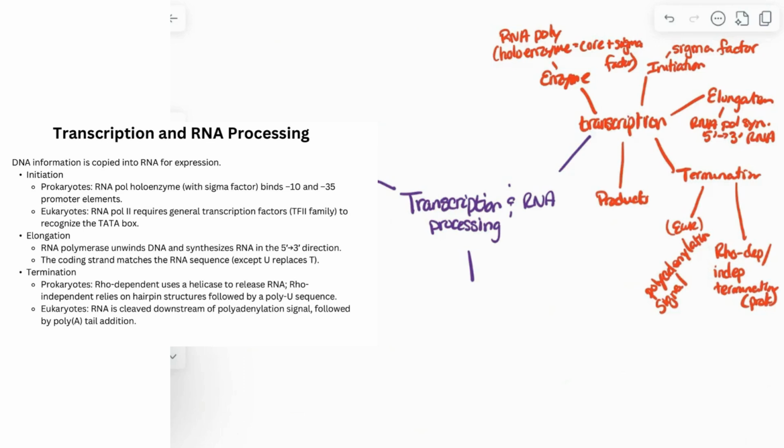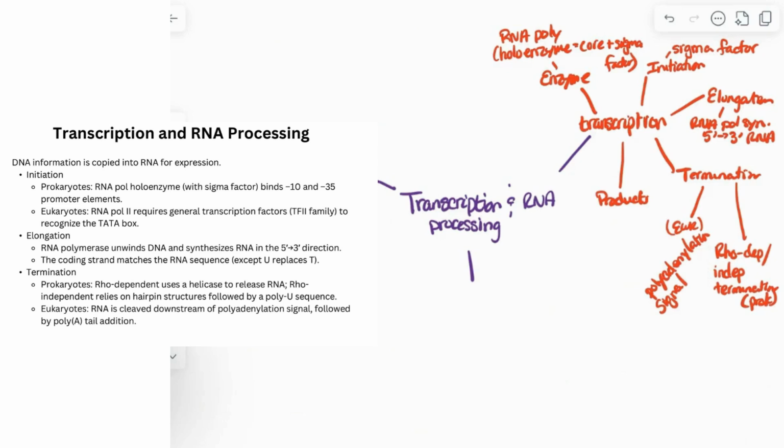So with termination in prokaryotes, the Rho dependent uses a helicase to release the RNA. Rho independent relies on hairpin structures followed by a poly-U sequence. In eukaryotes, RNA is cleaved downstream of the polyadenylation signal, followed by a poly-A tail addition.